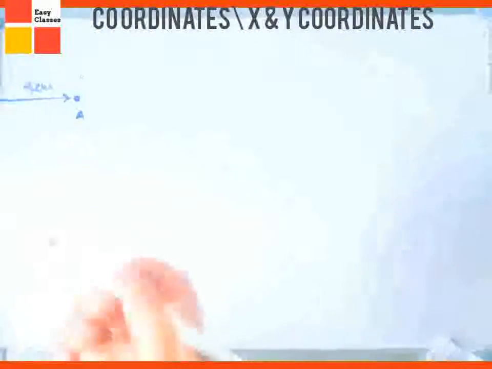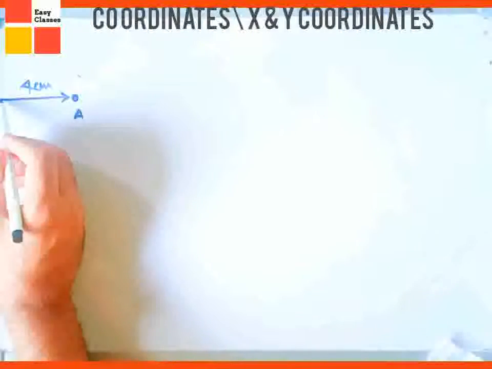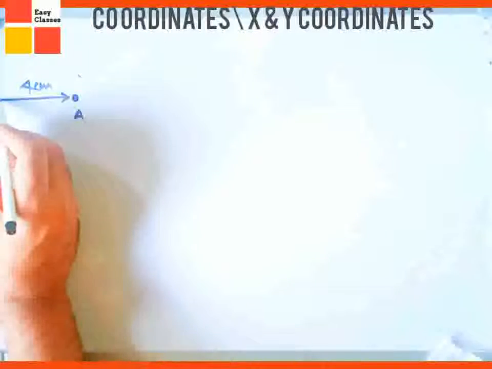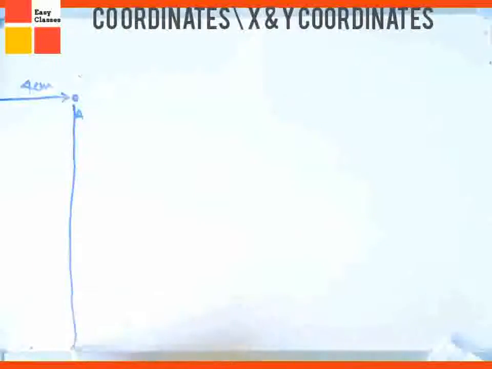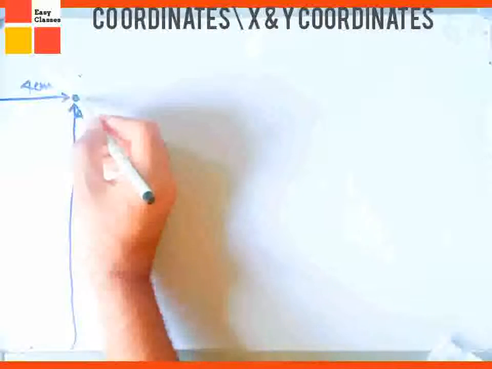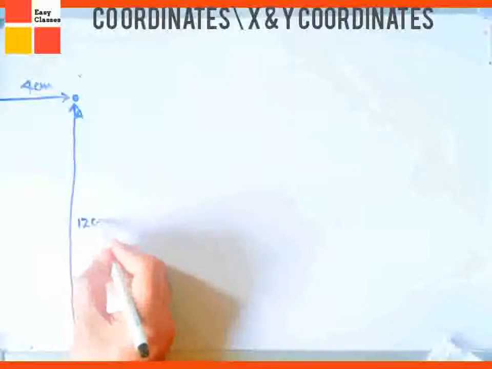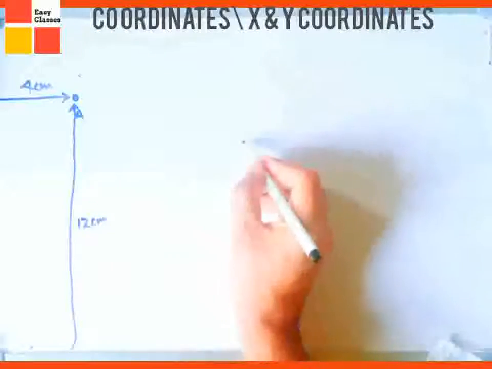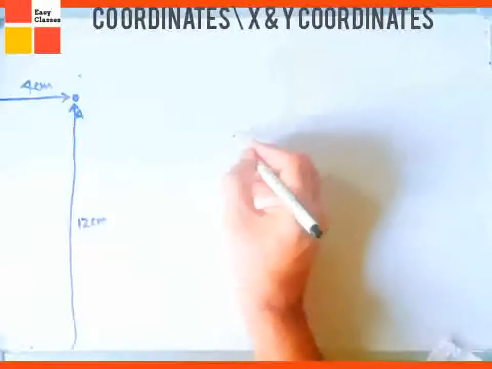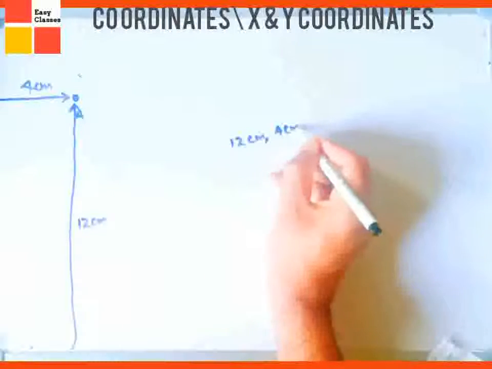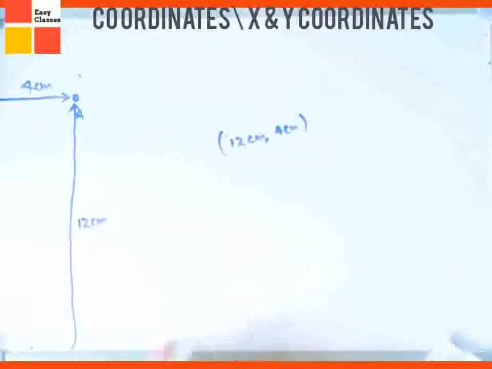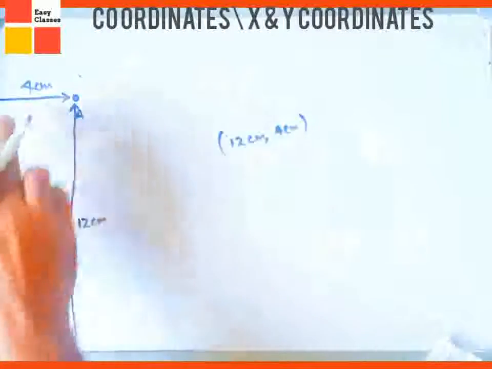If we measure its distance from the left edge as well as its distance from the bottom edge, this will be more concrete for finding the position of a point A. Say it is 12 centimeters from the bottom edge. So the location of this point is 12 centimeters, 4 centimeters: 12 centimeters from the bottom edge and 4 centimeters from the left edge.